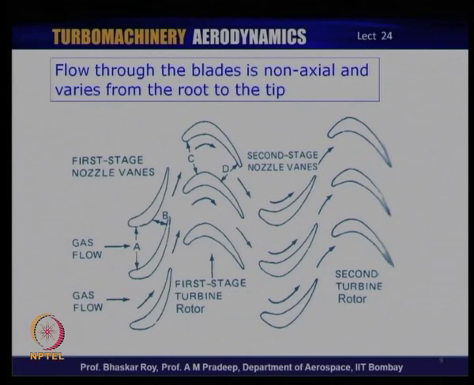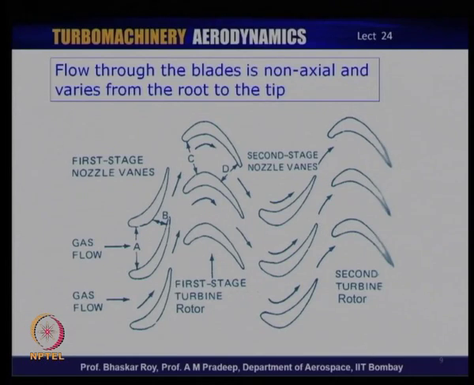So, that is how the flow proceeds through the individual rows of blades, nozzle and rotor, and the more stages you have, the more nozzles and rotors you have, and the flow would proceed in this manner through each of these rows of blades.